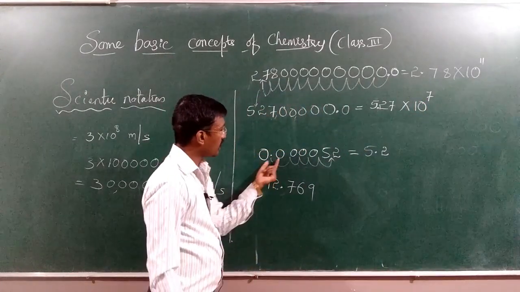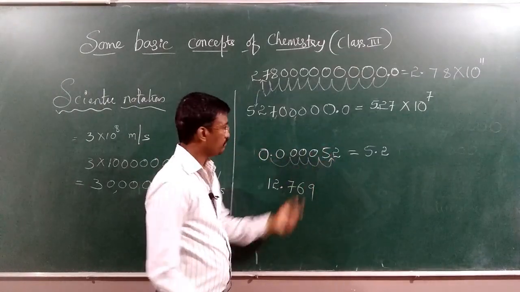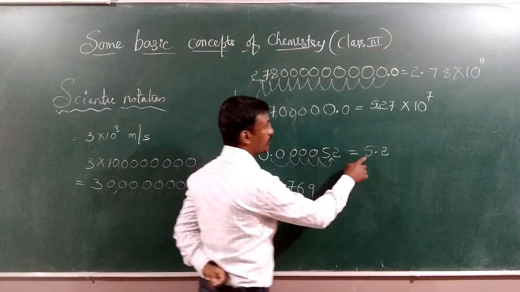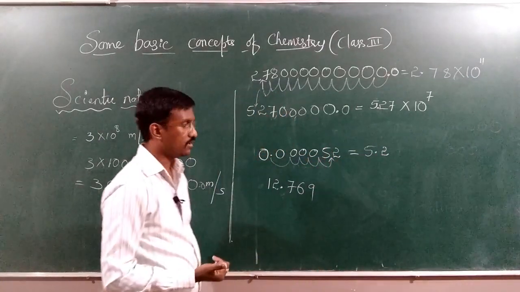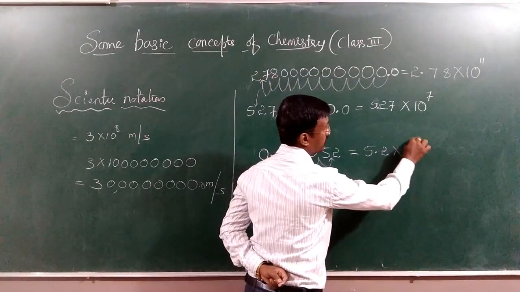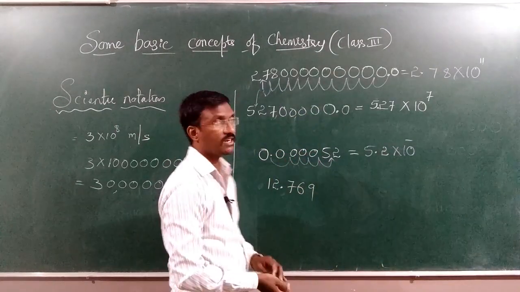Here, can you see I am shifting the decimal point from left to right? 0.00052 is smaller whereas 5.2 is a larger number. So when I increase the number, the power should be negative. However many places you shift, you write it on the negative side.